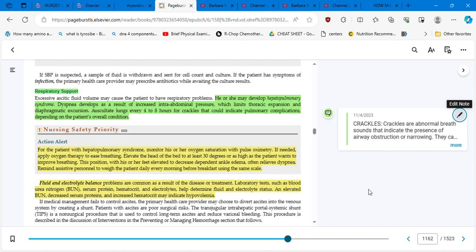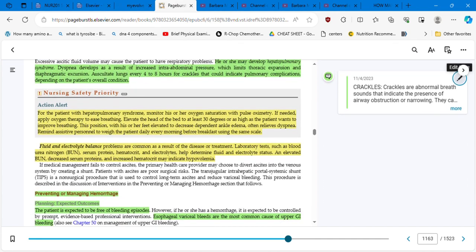Auscultate the lungs every 4 to 8 hours for crackles that could indicate pulmonary complication, depending on the patient's overall condition. Nursing safety alert for the patient with hepatopulmonary syndrome: monitor his or her oxygen saturation with pulse oximetry. If needed, apply oxygen therapy to ease the breathing.